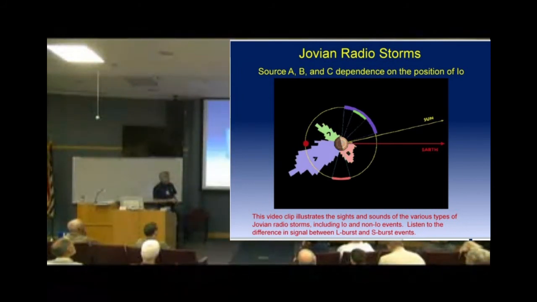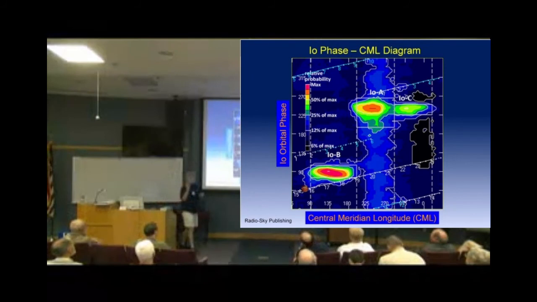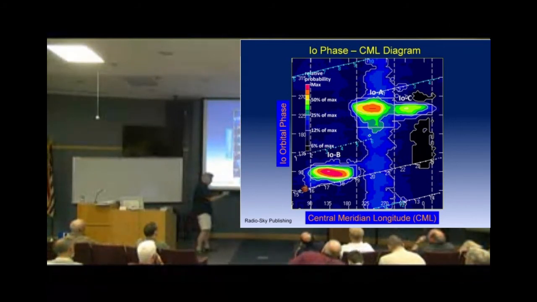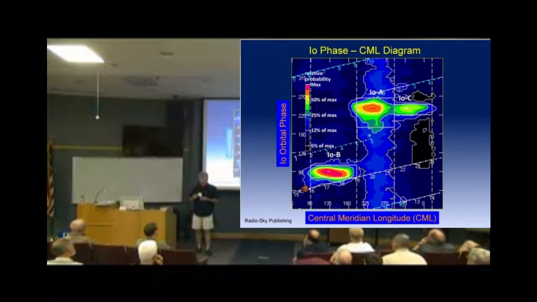And on top of that, there's this influence of the moon Io. So now, not only is it tied to the longitude, so which direction Jupiter is oriented from your point of view, but also where Io is in its orbit.